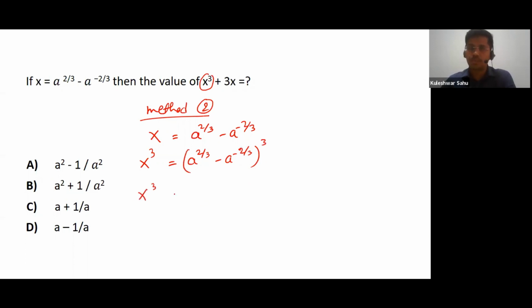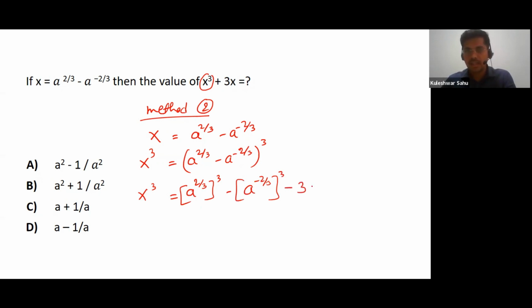So x cube is equal to a cube, which is a to the power 2 by 3 to the power 3, minus a to the power minus 2 by 3 again to the power 3.